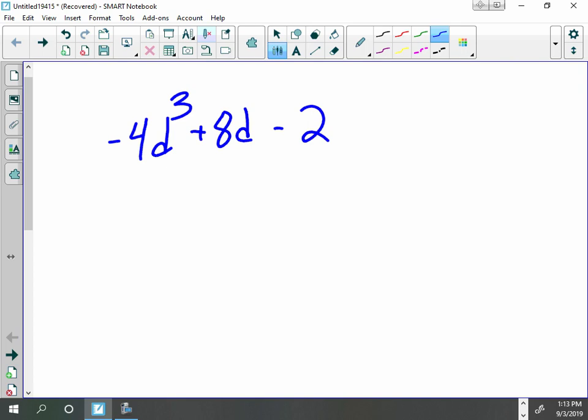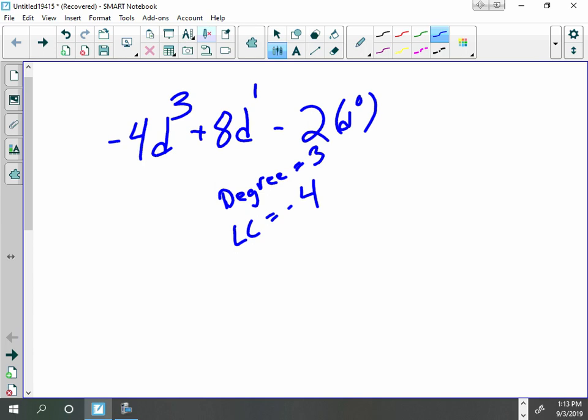We're looking at the exponent on the variable. So d to the third, d to the first. And this is kind of like saying d to the 0. We don't bother writing it. But that's what descending order means. And then this has degree equal to 3. And the leading coefficient is -4.